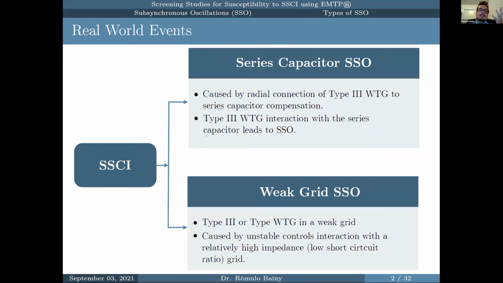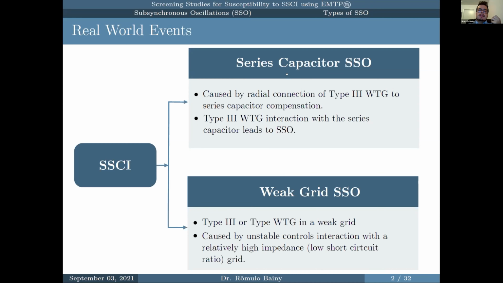And then we can divide the SSCI in 2 main parts. The ones that we call series capacitor SSO, and the ones that are weak grid SSO. Basically, the difference is that the series capacitor SSO is going to be caused when we have a radial connection between our type 3 wind park and a transmission line that has series compensation, for example.